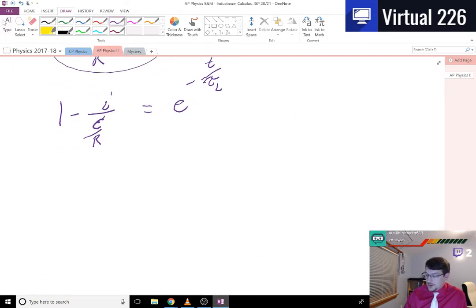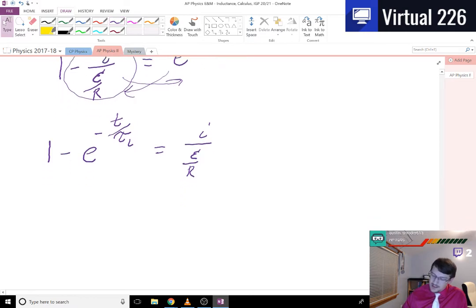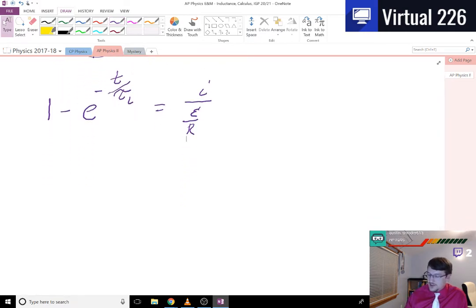And then I'm going to add this term over and then subtract this one over. So I'm going to get 1 minus e to the minus t over tau L equals I over epsilon over R. And then the very last move to make things complete, I'm going to take epsilon over R and multiply it over.